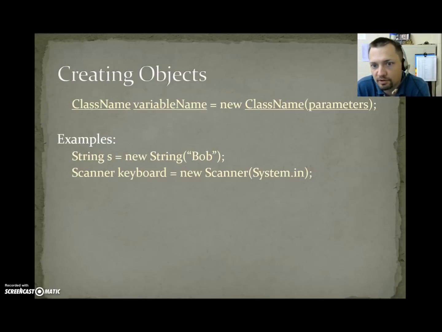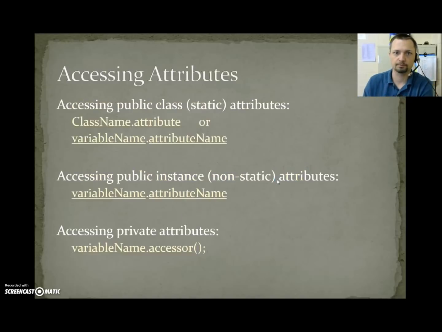We do this so often the computer has shortcuts, so when you do String s equals quote Bob quote, what actually happens is new String parenthesis quote Bob quote. When we create a scanner, we always see the new word. So Scanner keyboard equals new Scanner(System.in), and it has a parameter. The parameter is the data stream we're gathering from, which is System.in.